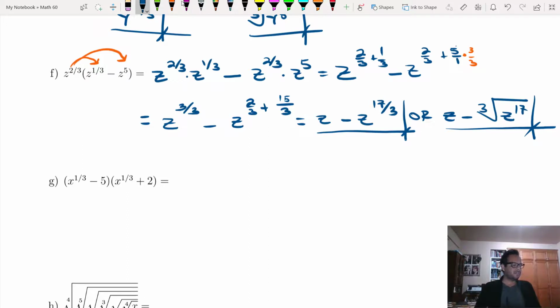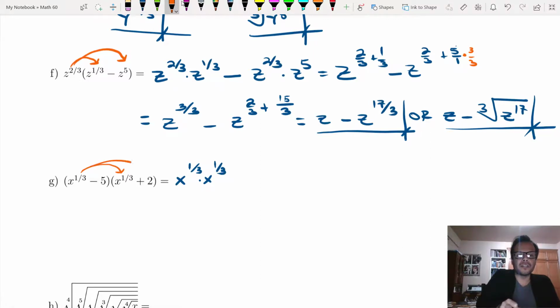All right, let's look at another example, a couple examples ago, right? So we are going to FOIL this out. x to the 1/3 times itself, let's write it down as x to the 1/3 times x to the 1/3.